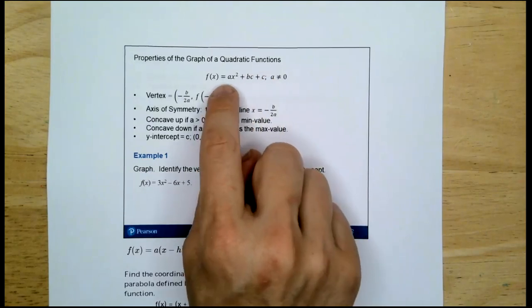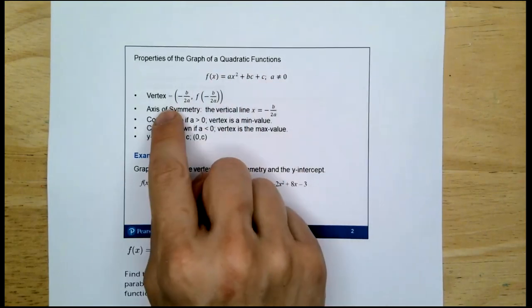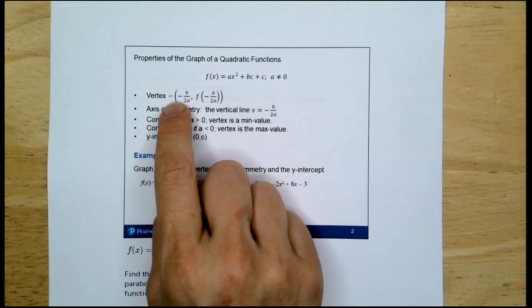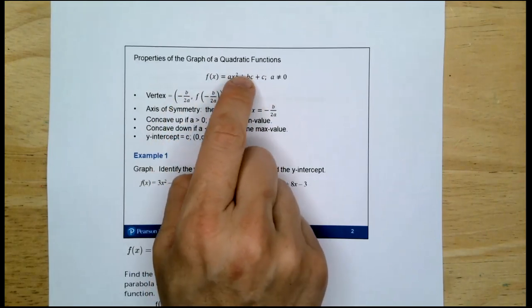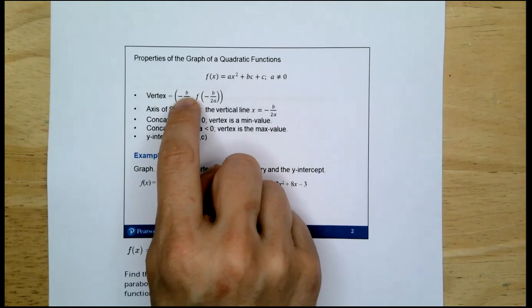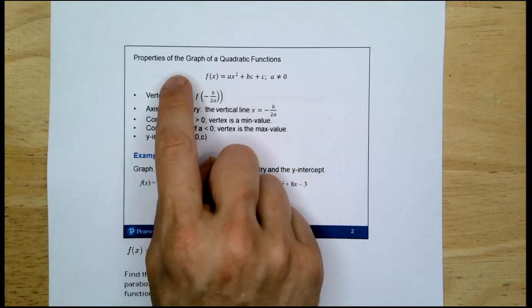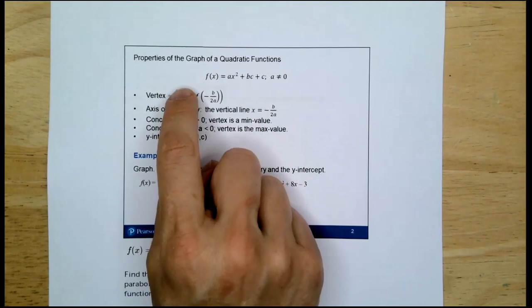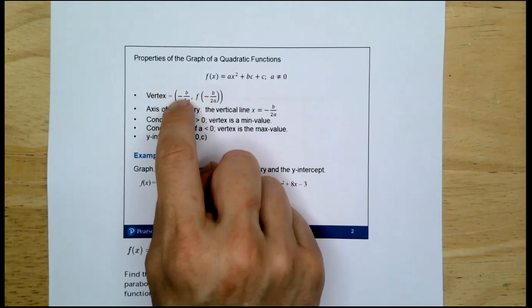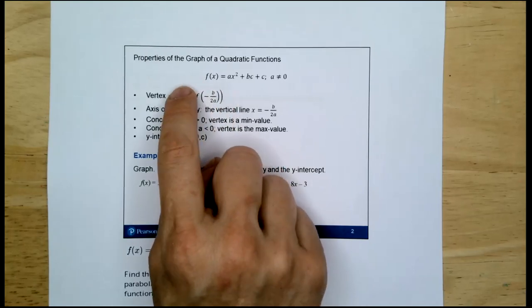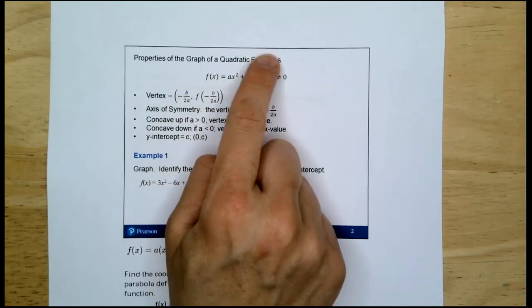In standard form, you will find the vertex by substituting negative b, whatever your b value is, divided by 2 times whatever your a value is, as the x value of your vertex. And the y value of your vertex will be found by putting that x into your original equation.